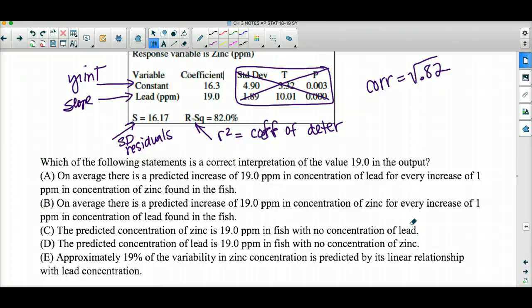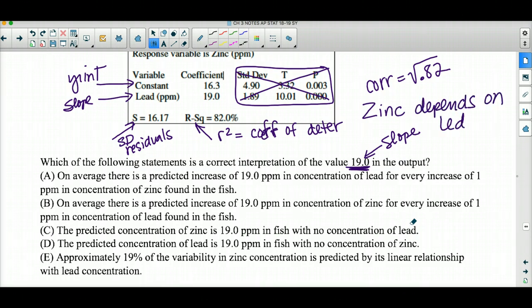All right, so you have to answer this. Okay, so what do you know? It's the slope, so we know we're interpreting slope.